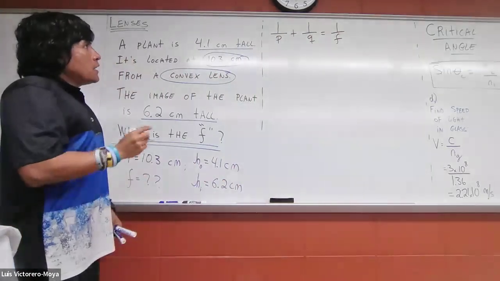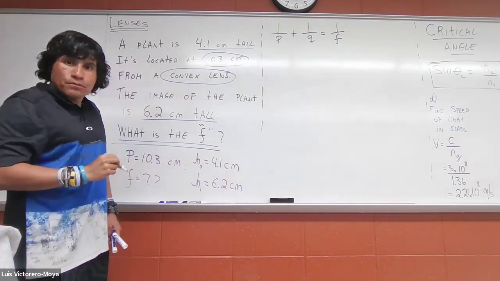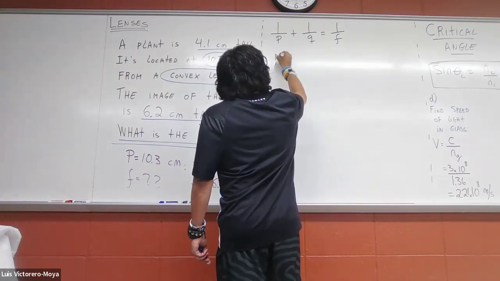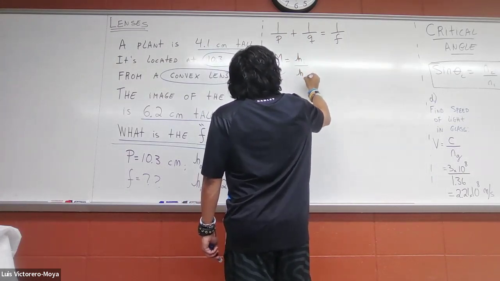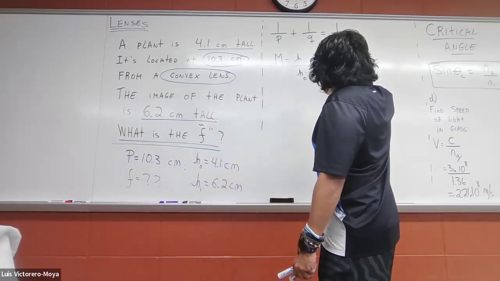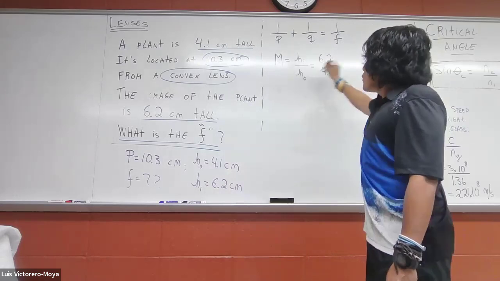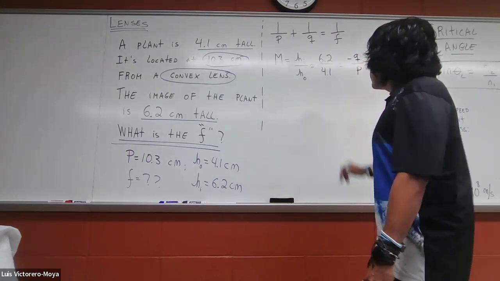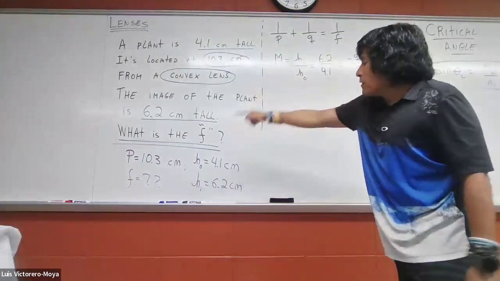But wait, I don't have Q, but you have the height. So the magnification is the height of the image over the height of the object. And I have those. 6.2 over 4.1. And what's the magnification also? Negative Q divided by P, which is negative Q divided by 10.3.